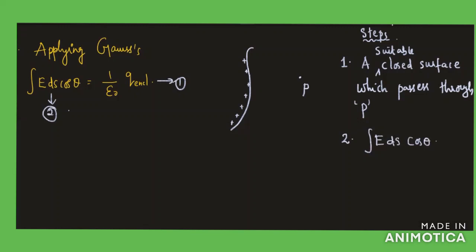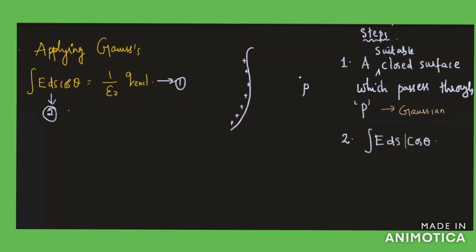The surfaces which are used to apply Gauss theorem are called Gaussian surface. So the first step is to select a suitable Gaussian surface.